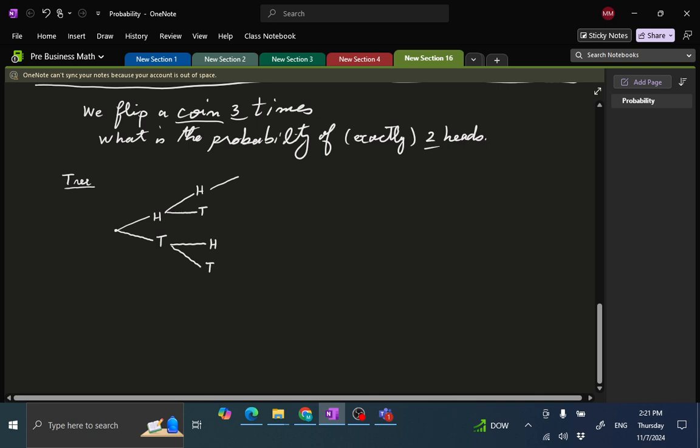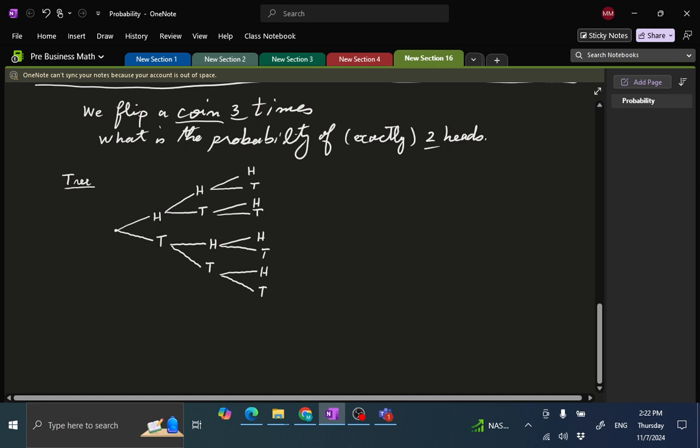So we have another branch coming out, heads and tails, and then heads and tails. Gradually this tree becomes very crowded, but we just patiently draw this picture, heads and tails.